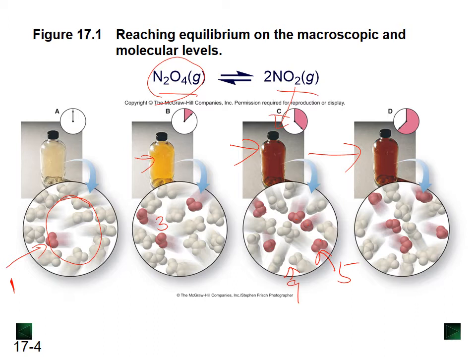If you count, the product is still 5 and the reactants still 9, so it's an equilibrium state where the forward reaction rate equals the reverse reaction rate, and the concentrations of reactants and product don't change anymore. And you can see the color stops changing when the reaction reaches equilibrium.